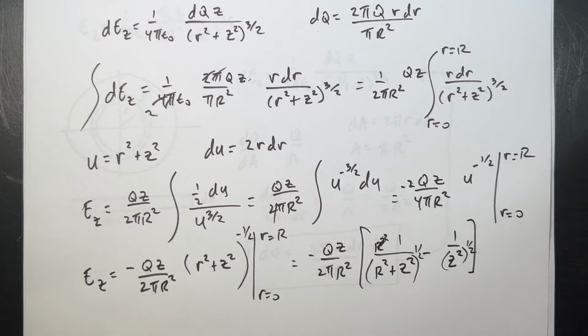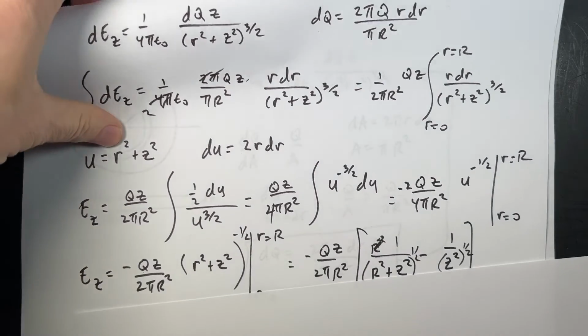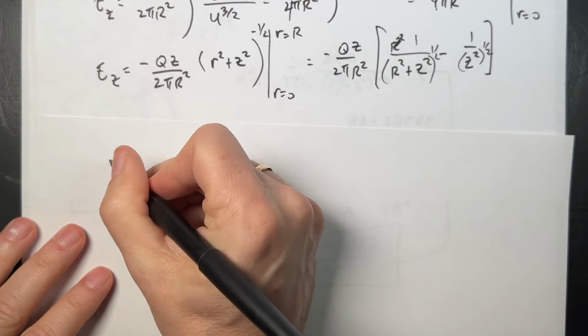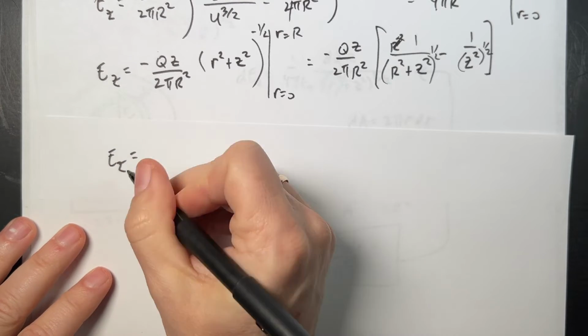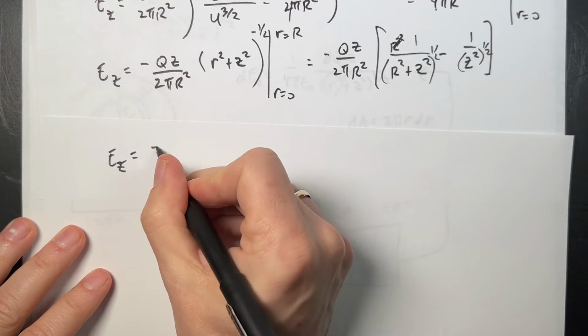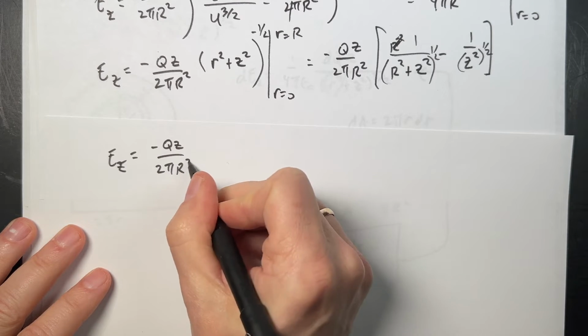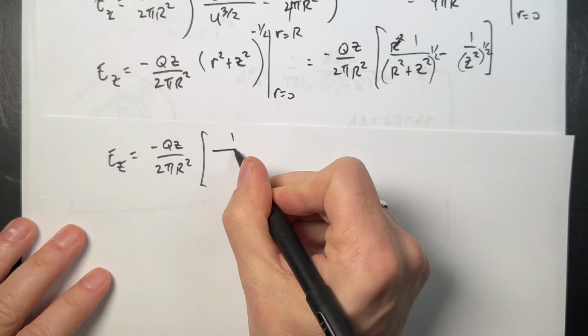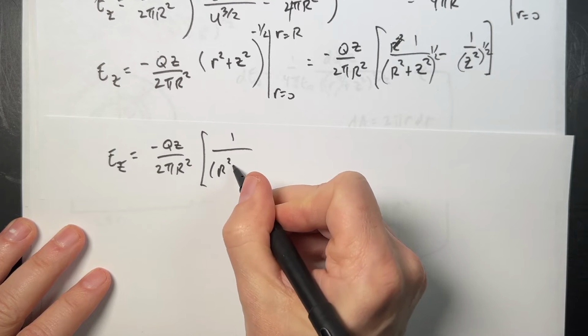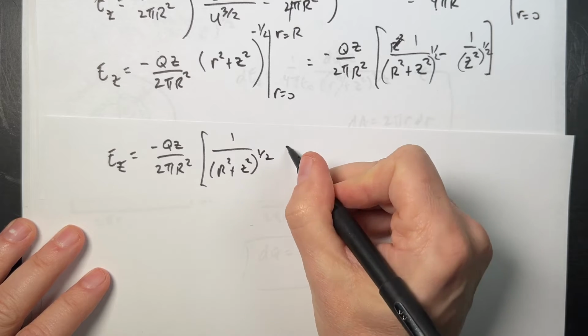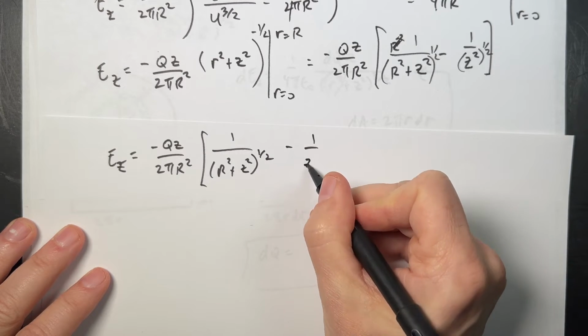So now we just need to simplify this. It's just algebra, people. It's not a big deal. Ez equals negative qz over 2 pi r squared times 1 over r squared plus z squared to the 1/2 minus 1 over z, right?